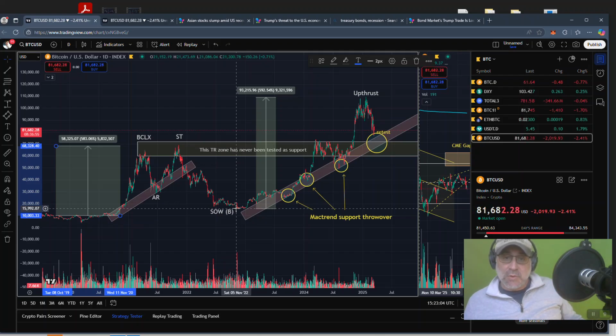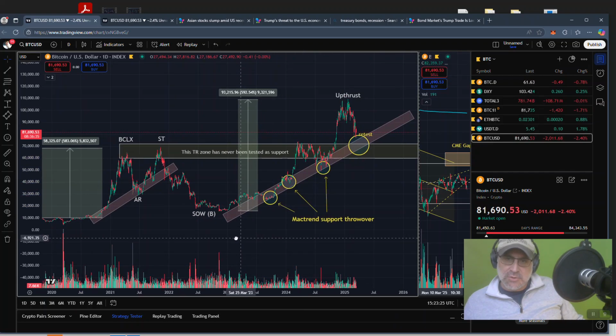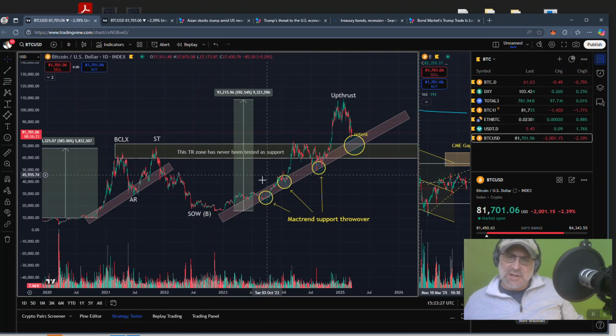Remember, Bitcoin went down to 16,000. That's that sign of weakness in B on the macro Wyckoff schematic here. And then we started this whole new uptrend, and just like this past trend, we were able to draw a new macro trend support line through the lows of this trend going up.